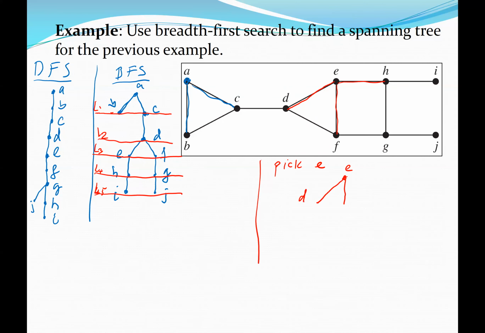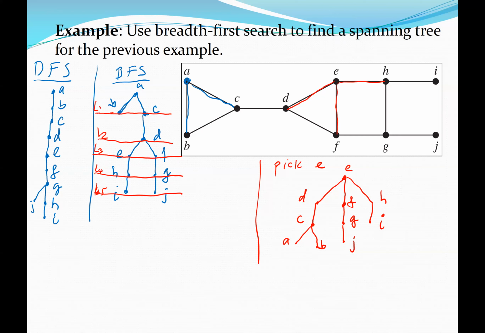D will go to C, and then C will connect to A and B. And then F will connect to G, and then G will connect to J, and then H just connects to I. So we start from E, one layer at a time.